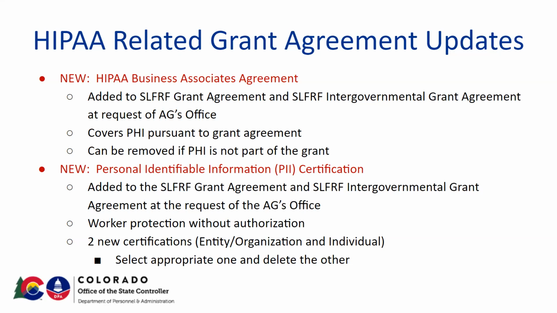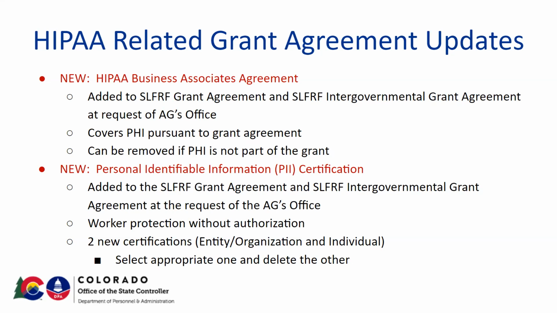There is an exhibit that's added, and I've received this question already once today: what's the difference between the two exhibits? Each year we want the contractor to sign a certification that they are going to keep the PII confidential, and that they're not going to provide it to anybody that they shouldn't. One is for an entity.